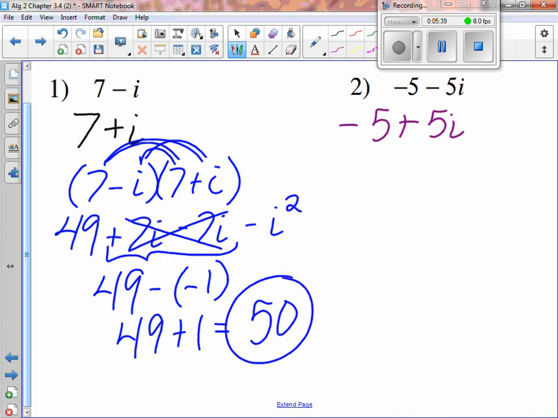How many imaginary terms do I have? None. They all canceled out, yes? That's why these conjugates are important. Because whenever we multiply a complex number by its conjugate, the imaginary terms will cancel out completely. That's why they're important. That's why these are helpful.